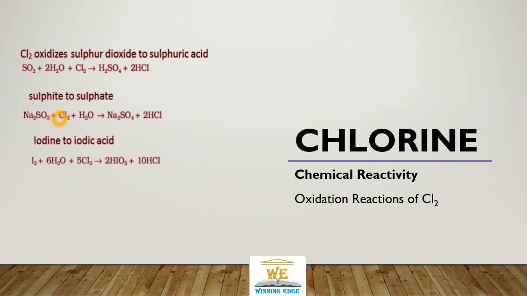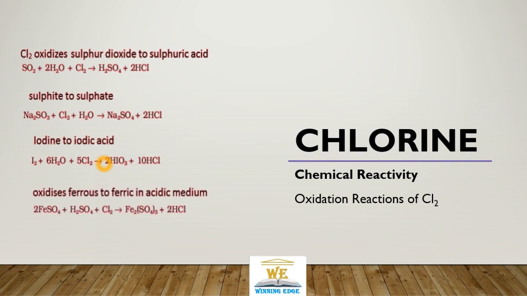It oxidizes iodine to iodic acid. Iodine gets oxidized to iodic acid, and further ferrous to ferric in the presence of acidic conditions, H2SO4. We are getting ferric ions.